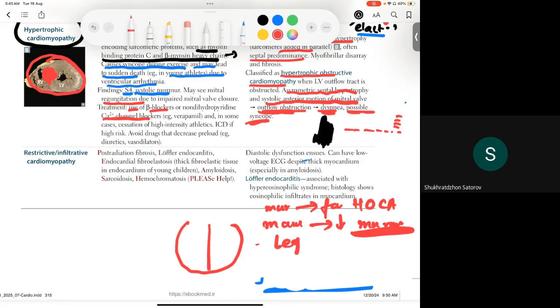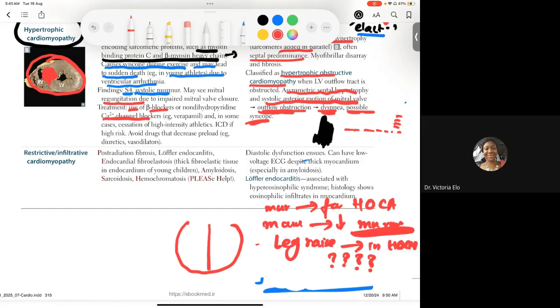Okay, let me just ask you some questions. What would the leg raise maneuver do to the intensity of the murmur in HOCM? It will increase, right? Why? Because there will be increased blood volume to the heart.